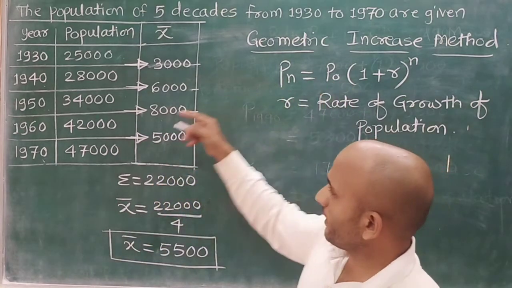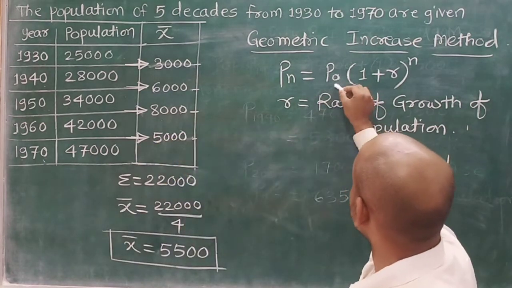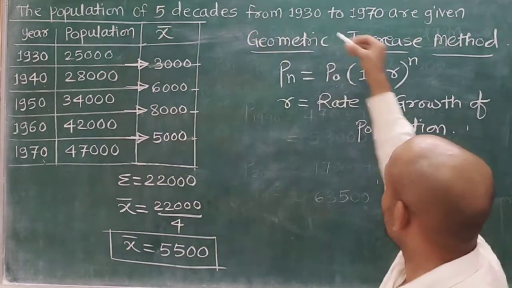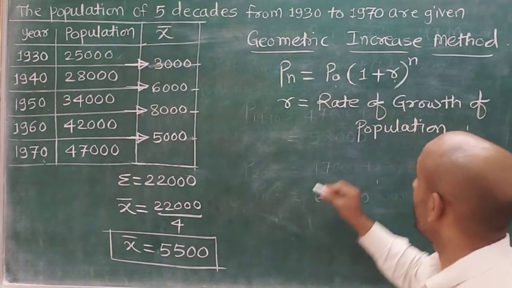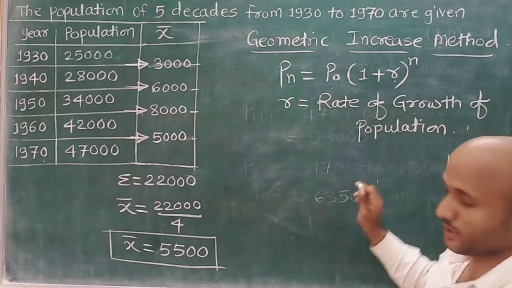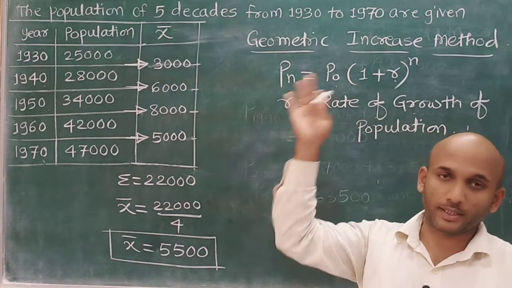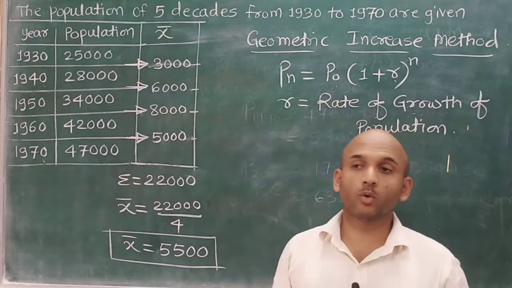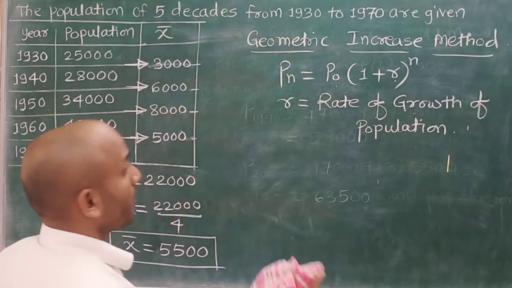P naught is the latest known population, 47,000. N is the number of decades, we know, but how to find out r? R is the rate of growth of population, that is, how much percentage increase in between two consecutive decades, that we have to find out. So how to find out r?